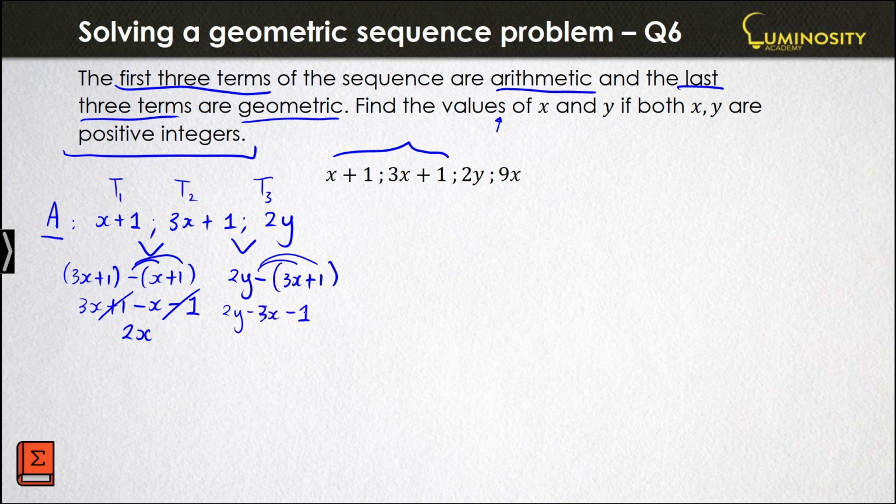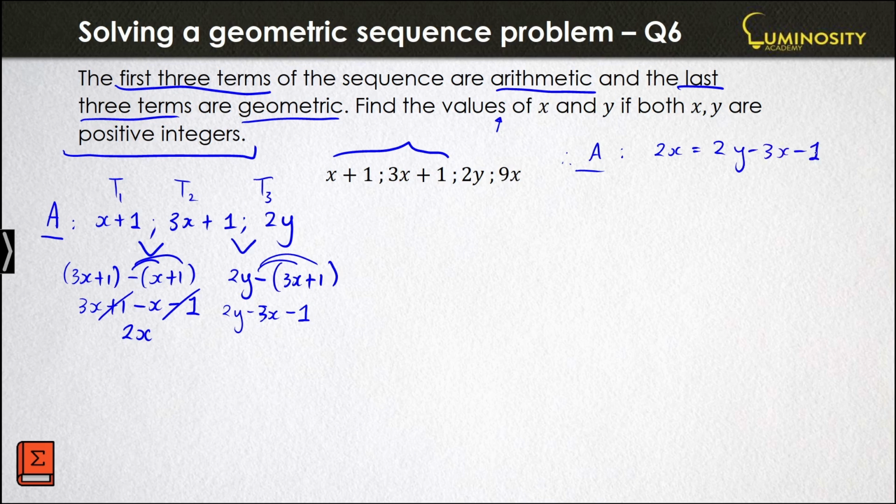Now, we know that these are all the common differences. So for the arithmetic sequence, 2x must equal 2y minus 3x minus 1.